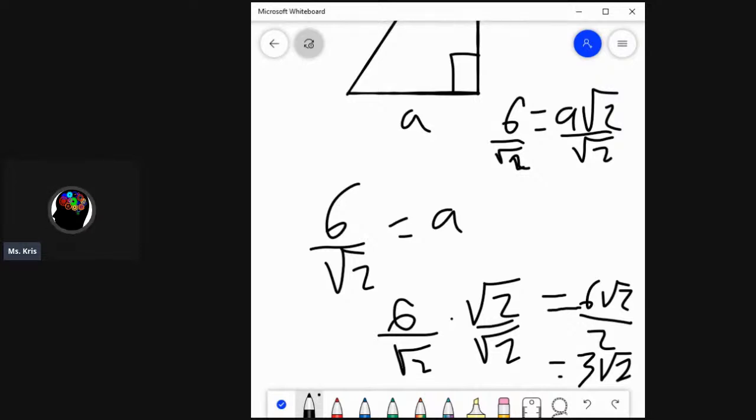So whenever you're solving a 45, 45, 90 where your hypotenuse is whole, you set it by definition equal to a square root of 2, and once you do that, you can find both of your sides.